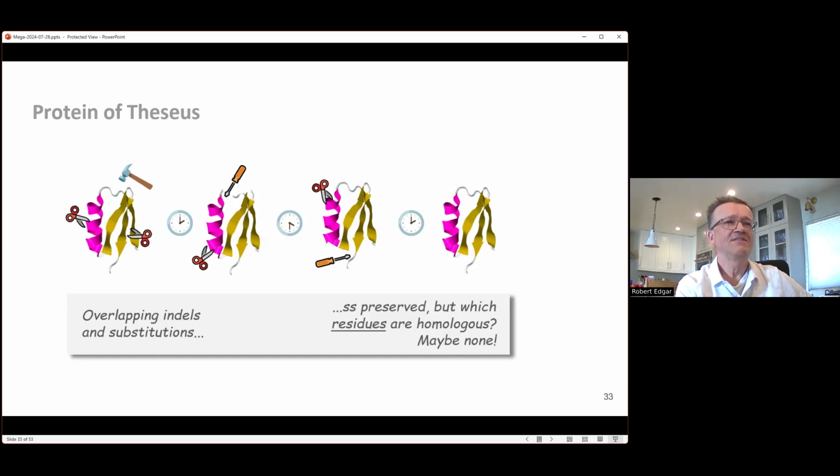And at the end of the day, clearly the secondary structure is preserved, but the individual residues, is there any one-to-one homology with that very distant ancestor? We don't know. Maybe none of them are. Maybe it's only one or two. But just because you see all of that secondary structure conserved, it doesn't mean that you have a whole bunch of homologous residues remaining.